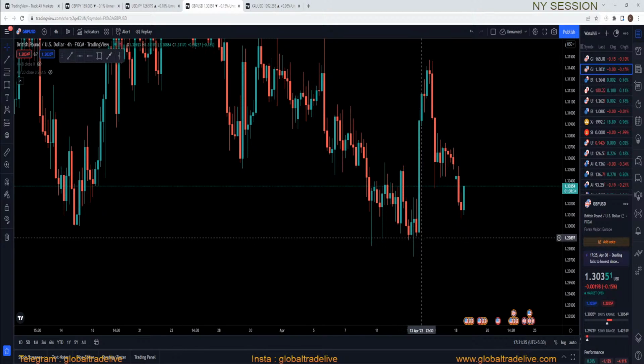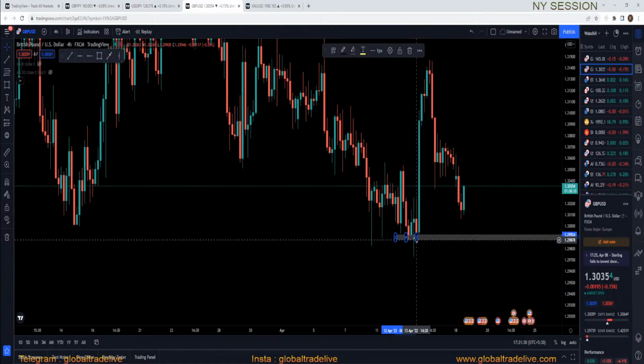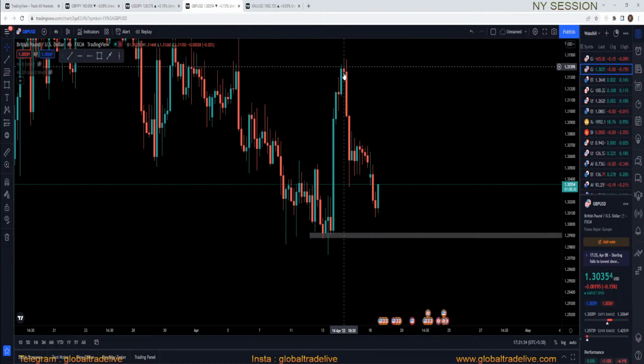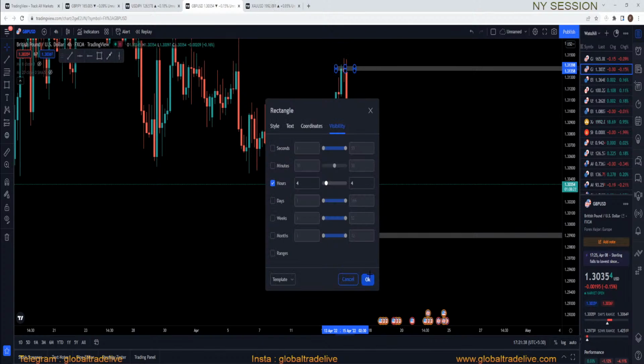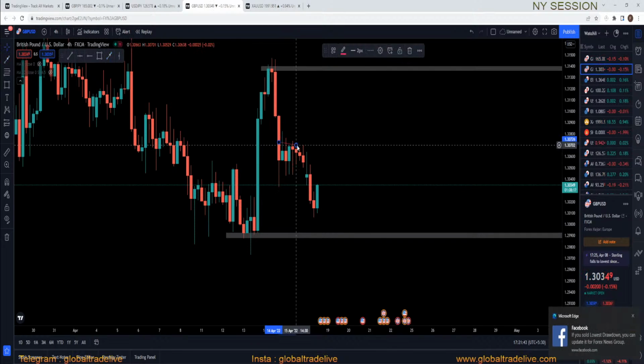So the market created a low in the 4-hour, then it went all the way up, created a high over here, then it went down, created a resistance over here.